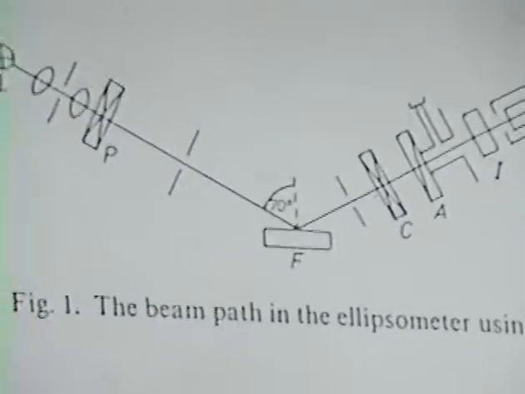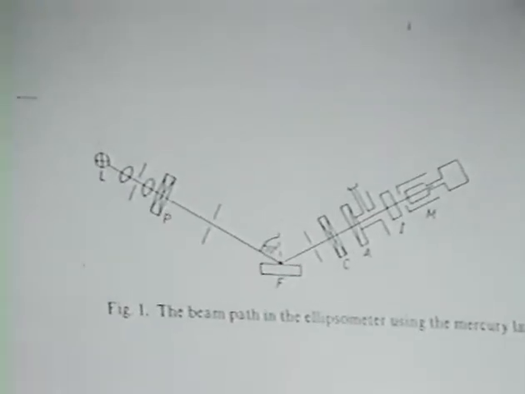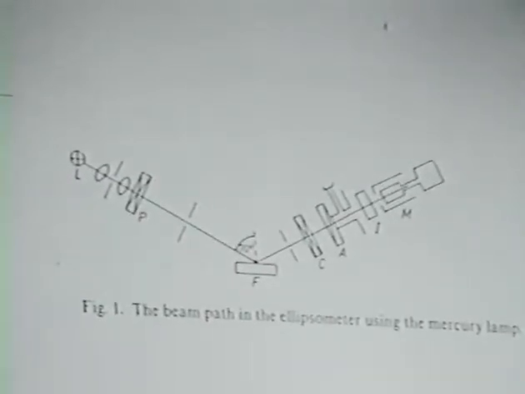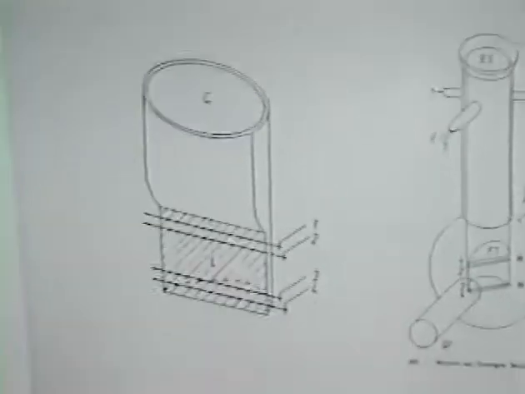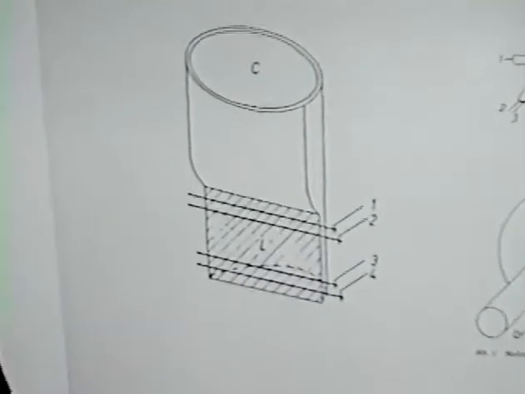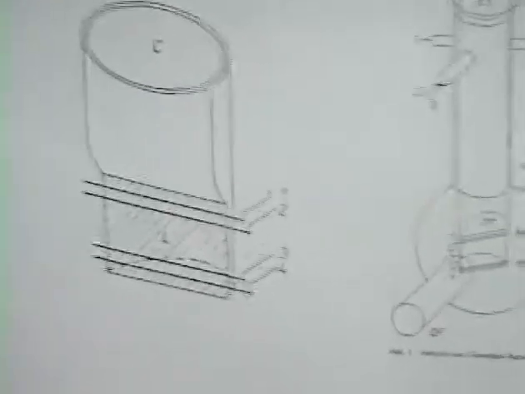Now, we made two kinds of ellipsometry experiment. One is the manual type, or static observation of the absorption effect observed by a manual type ellipsometer, which is shown in the upper part of the slide. And in the lower part, we use the evaporated thin film of iron, shown over there.